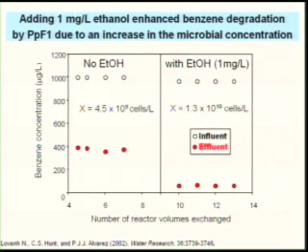The amount degraded increases significantly when we add a little bit of ethanol. Why? Because now we have more bacteria. So what I'm trying to tell you is that 3 bacteria working at 50% capacity are still faster and better than 1 bacterium working at 100% capacity. And that's sort of what we're seeing here.